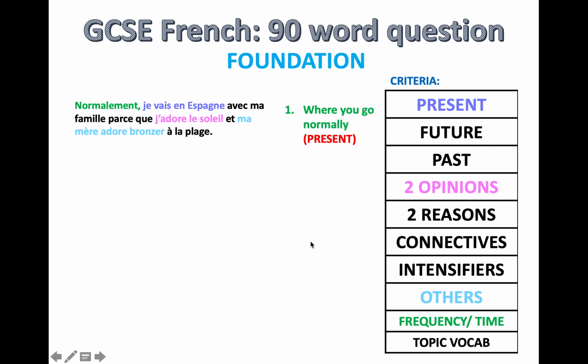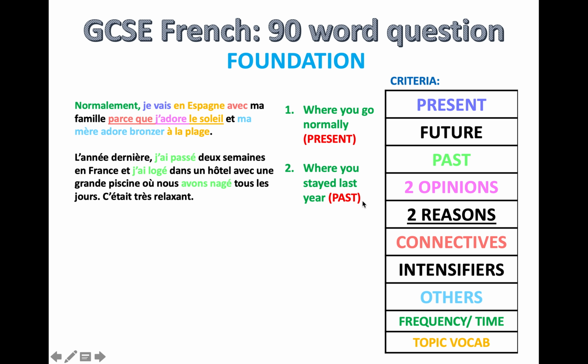Normalement is a time phrase. We've got 3 items of topic-specific vocabulary: in Spain, the sun, and on the beach. We've got some connectives: with, to add in a person, and also reasons. Reasons are introduced by a connective: parce que, because I love the sun.